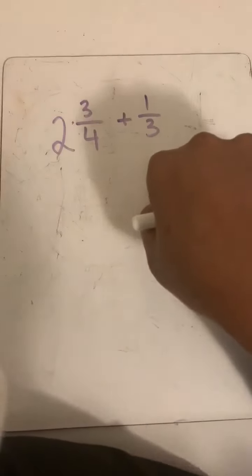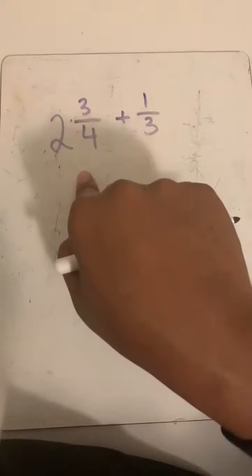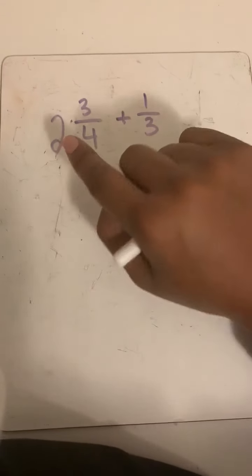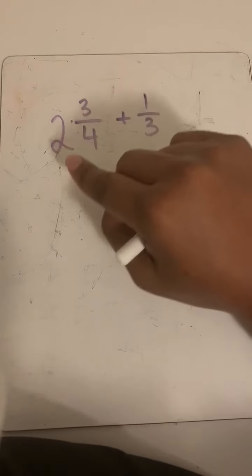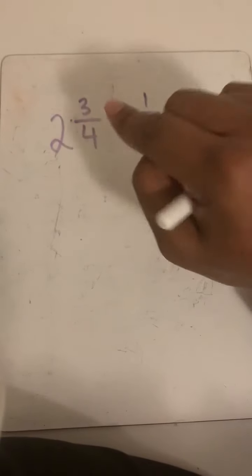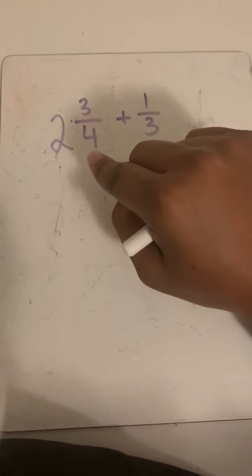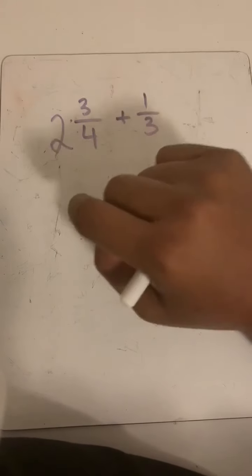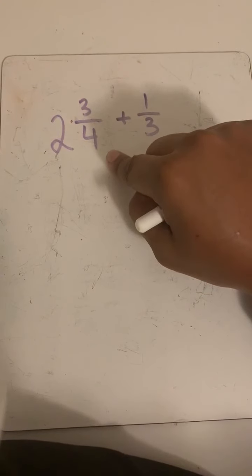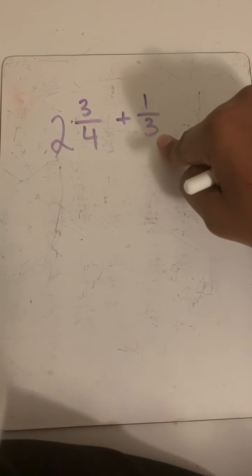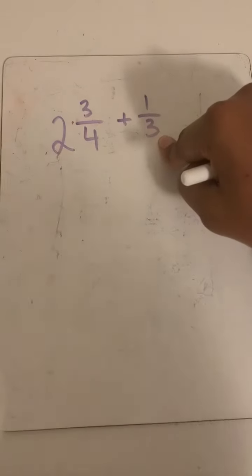But I can't add a fourth to a third, because remember, we need to have like units, also known as common denominators. So let's get 3/4 and 1/3 to the same denominator.